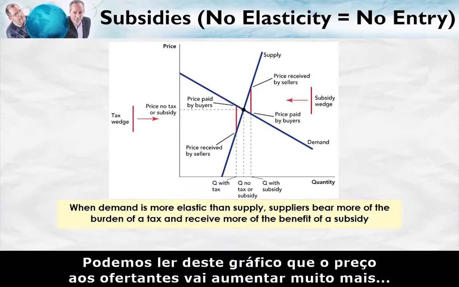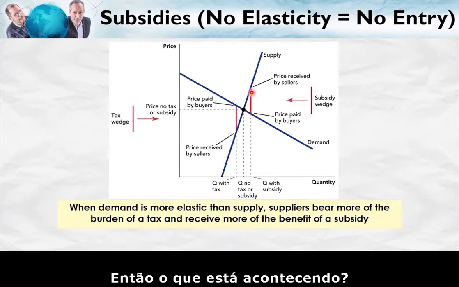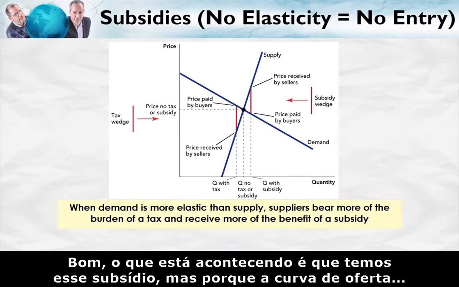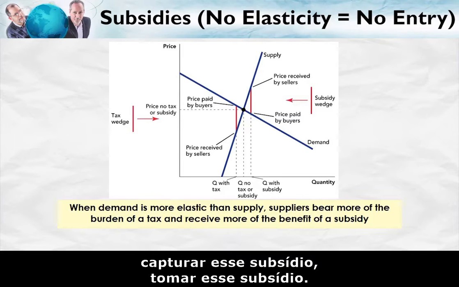We can read off the diagram here that the price to the suppliers is going to rise much more than the price to the buyer falls relative to the market price. So what's going on? Well, we have this subsidy, but because the supply curve is inelastic, we don't see a lot of resources coming from elsewhere in the economy to grab up that subsidy.